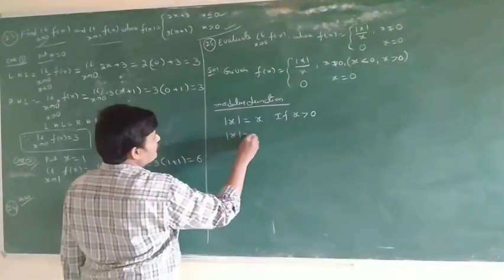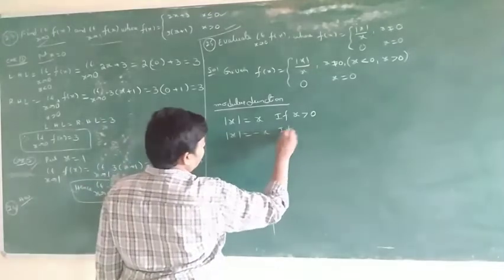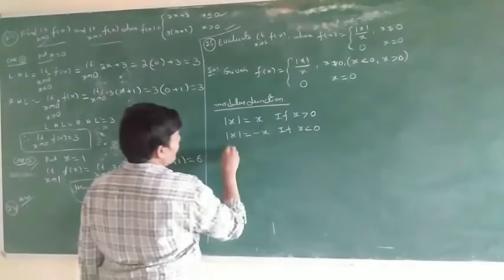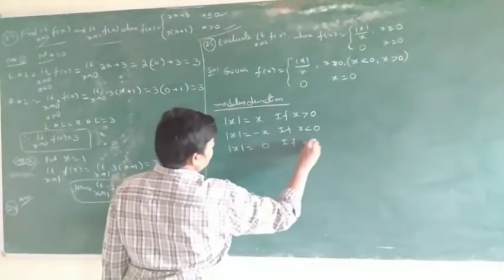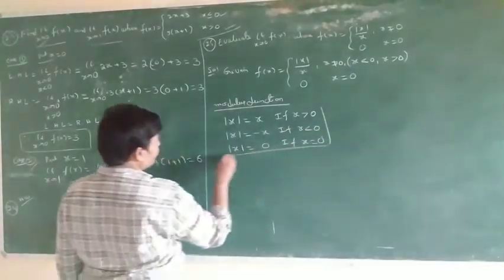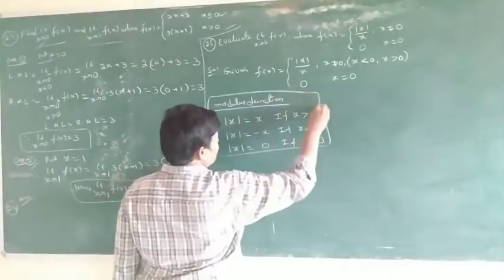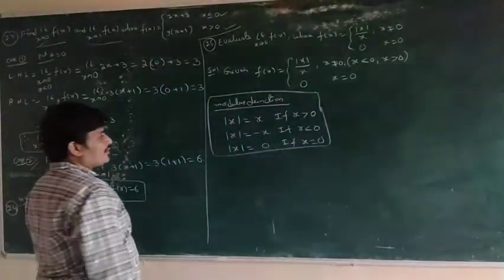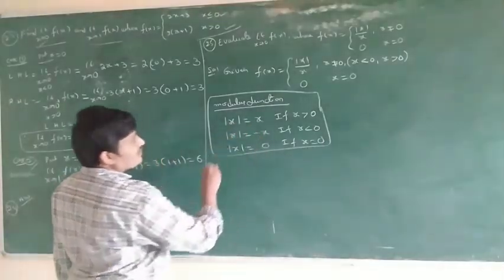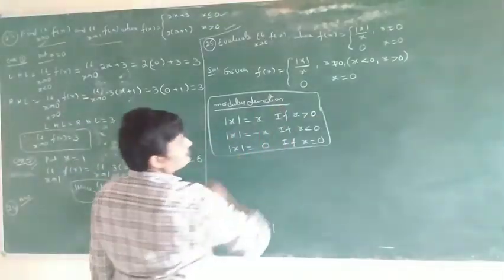Mod x is equal to minus x if x less than 0. Mod x is equal to 0 if x is equal to 0. This is the definition of the modulus function. So mod x is equal to x when x greater than 0.